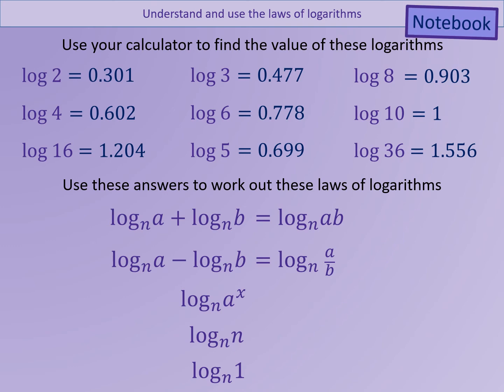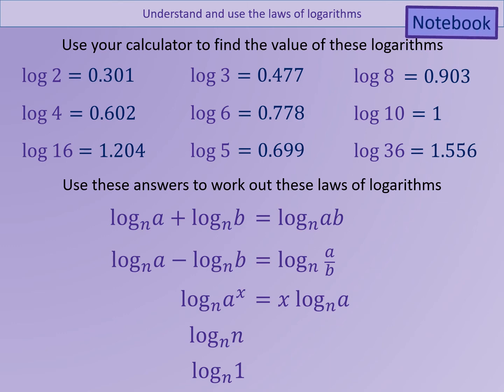We then move on to our third law of logarithms, and we find that when we have log to base n of a to the power of x, it behaves in the same way as x times log to base n of a. So this is an example of where the power of the logarithm can come down to the front of the logarithm and act as a coefficient.